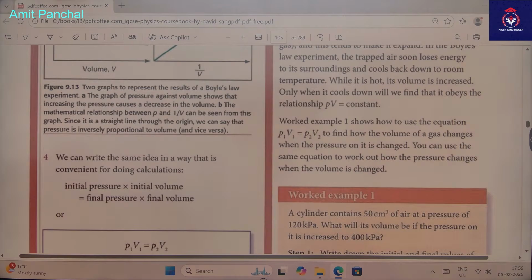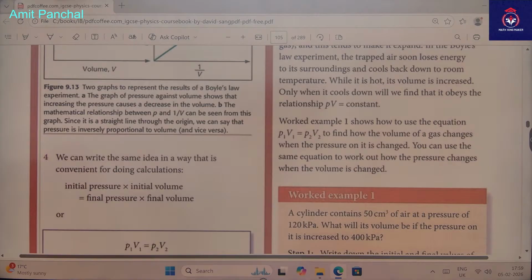Okay, then a cylinder contains 50 centimeter cube at a pressure of 120 kPa. If pressure is increased to 400, you can use P1 V1 equals P2 V2. So 120 times 50 divided by 400, right?